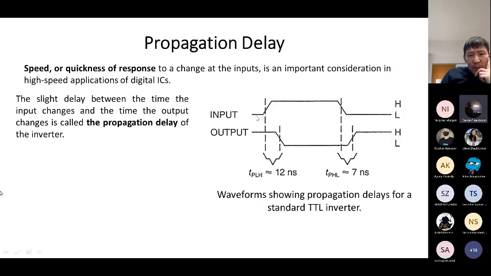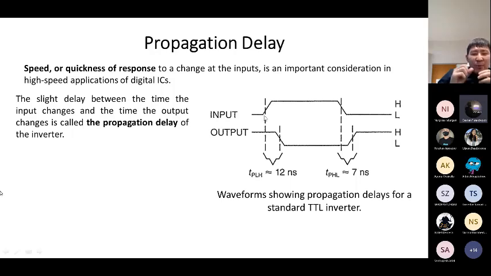If the input of the inverter is low, what will be its output? Guys? High. So here you can see that the output is high.